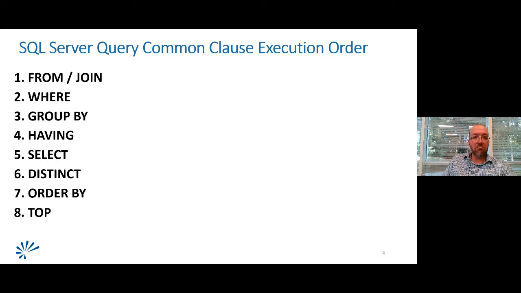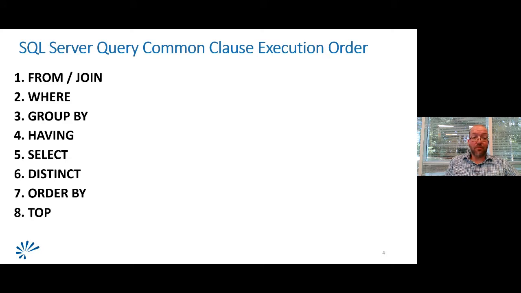So naturally, number one, the first thing we need to do when we execute a query is, what is this data that we're actually querying? Where is it coming from? Is it related to any other table? So maybe you have a person table and an address table. If we're using that as our data set, that's the number one operation. We're actually identifying and calling out where this data resides in the database.